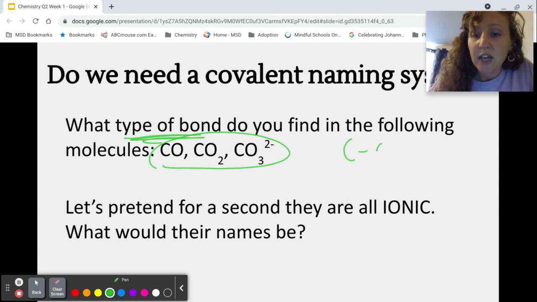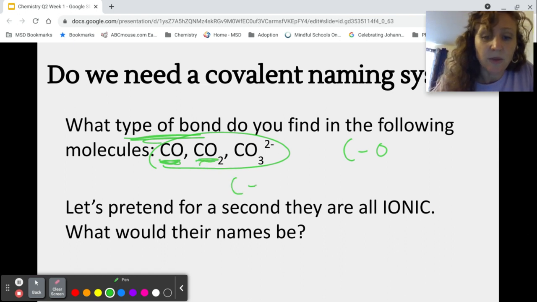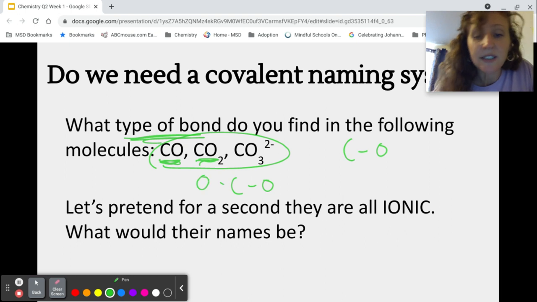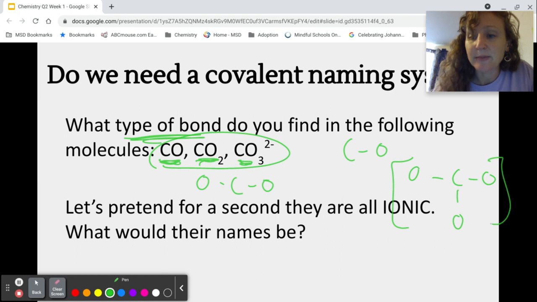So carbon to oxygen in this one is going to be a covalent bond. In this one, we have carbon to oxygen, also a covalent bond. And in this one, we have carbon to oxygen three times. Overall, it gets a charge, but the bonds inside are still covalent bonds.